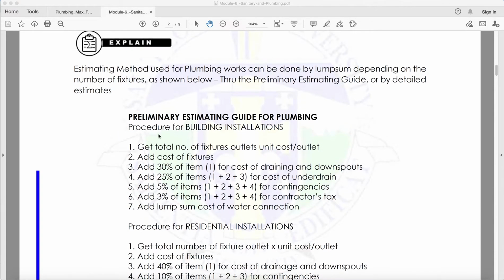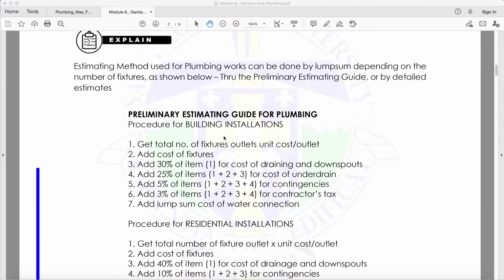For a building installation, the first step is to get the total number of fixture outlets and the unit cost per outlet. Then we add the cost of the fixture. Once we have the number of fixtures or outlets, we get the cost. Then we add 30% for the cost of draining and downspouts.